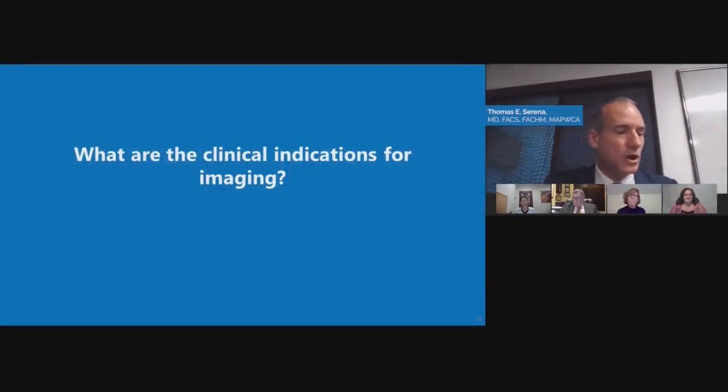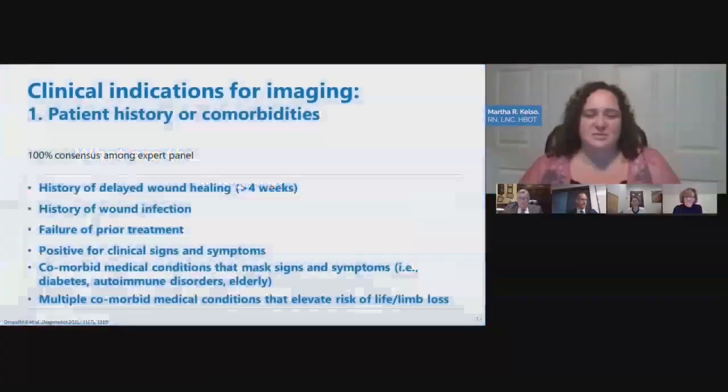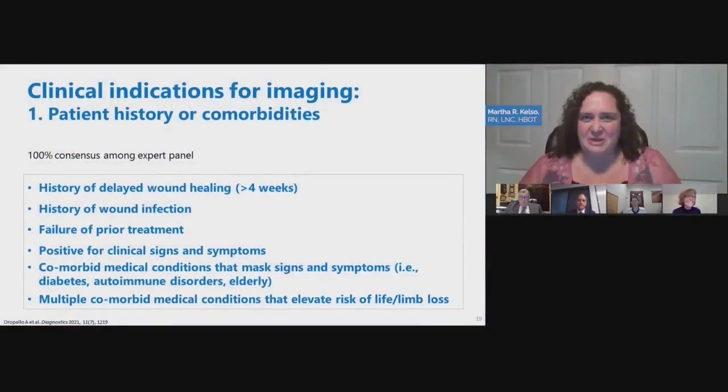Next, we want to talk about what are the clinical indications for imaging. And let's start with history and comorbidities. With the Delphi approach, we had 100% consensus among the expert panel. And getting 100% consensus for the wound clinicians that participated in the study to agree is remarkable.